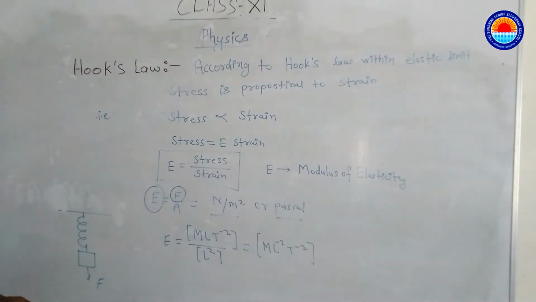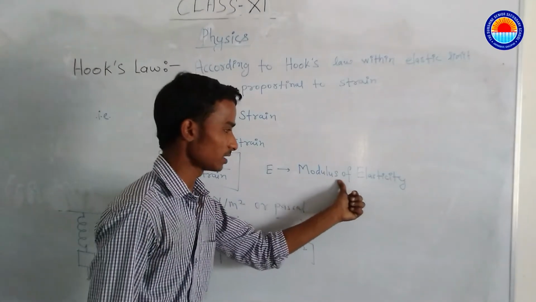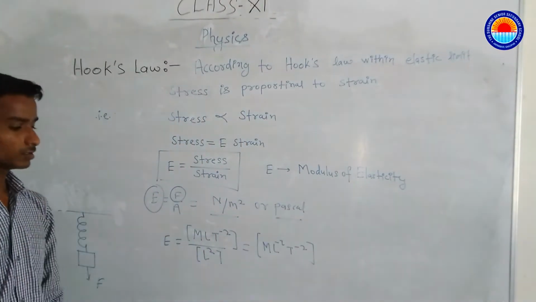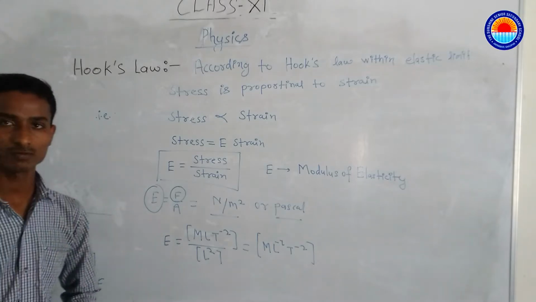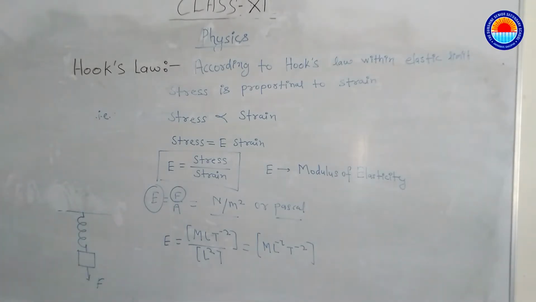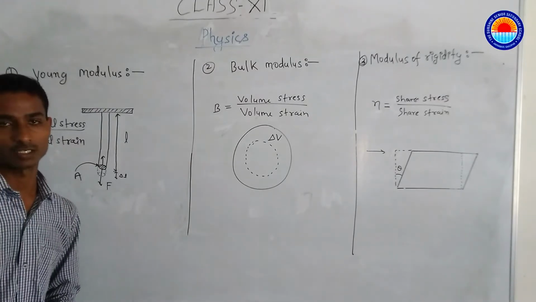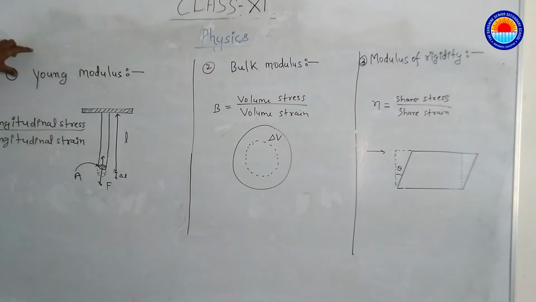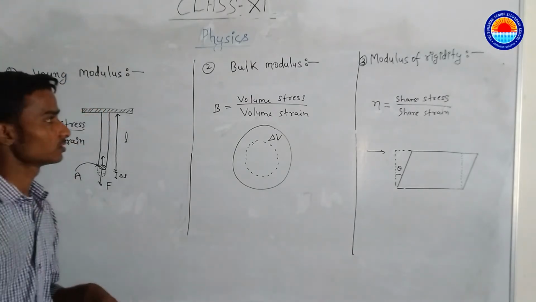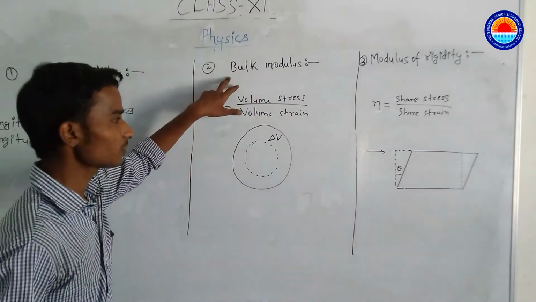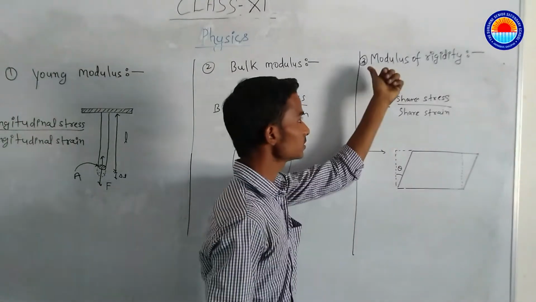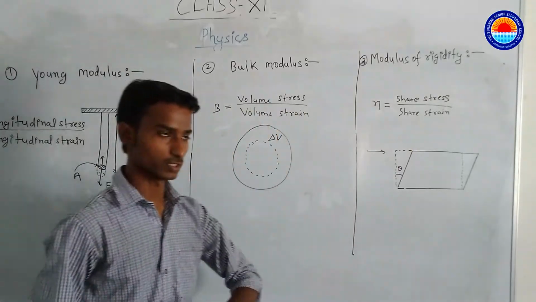Modulus of elasticity is of three types, depending on the three types of application of force. First is Young modulus, for longitudinal stress and strain, second is bulk modulus, and third is modulus of rigidity.